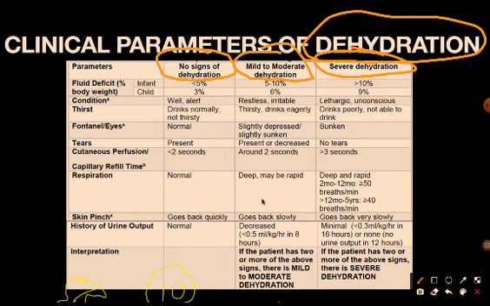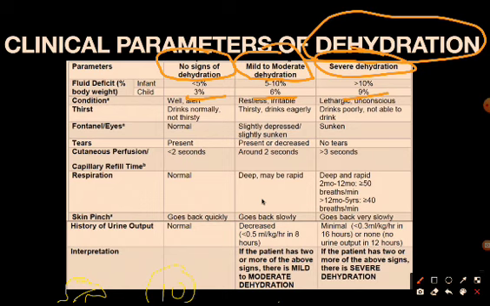That would be easy to memorize because that is just by proportion of about 1 is to 3. So 3%, we have 6% and 9% for our children. For infant, divisible by 5: less than 5, 5 to 10 for mild to moderate, then more than 10% for severe dehydration.